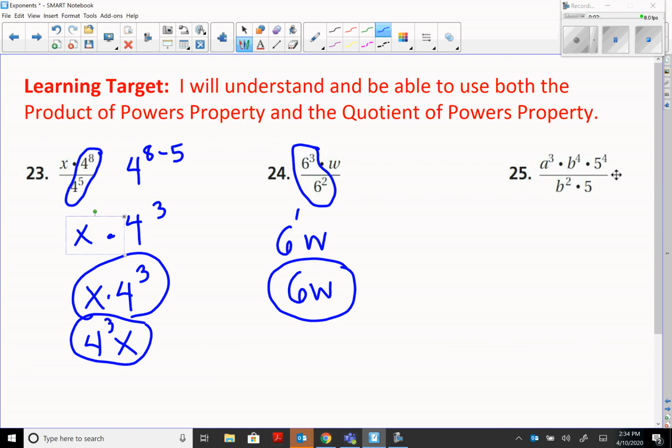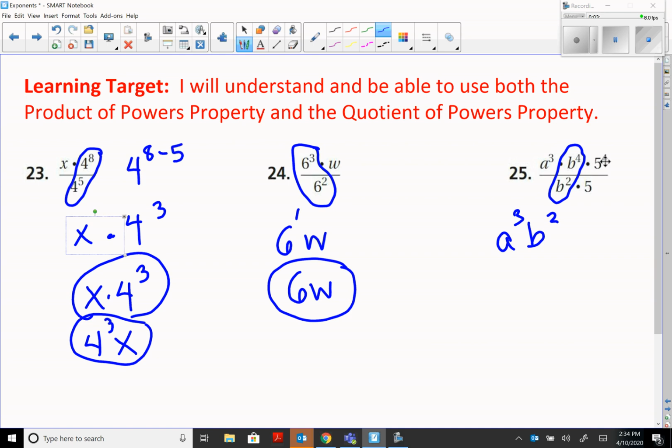So in this one, again, I can probably only use that quotient of powers property. So if I look at the ones that have a base of b, the numerator has an exponent of 4. The denominator has an exponent of 2. I can subtract those. 4 minus 2 is 2, so I would get b to the 2nd power.